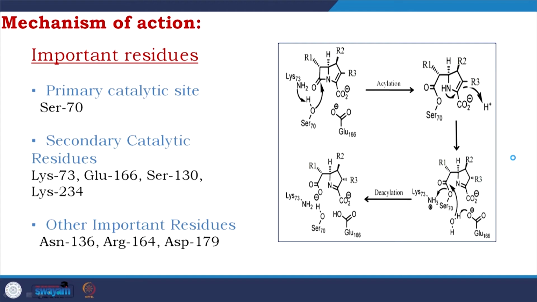If you are new to the field, you might wonder how I am talking about a number, because if you get the same family of enzyme, you find that they have different numbers of residues.